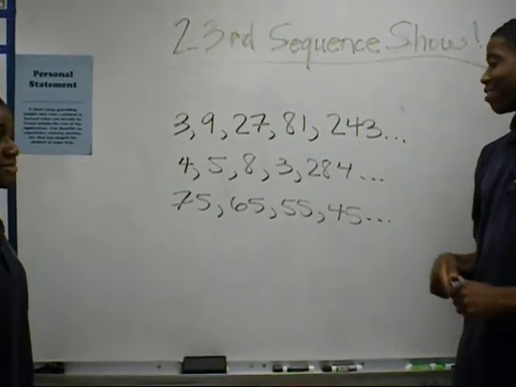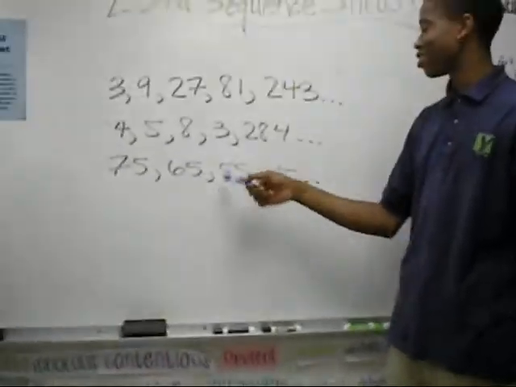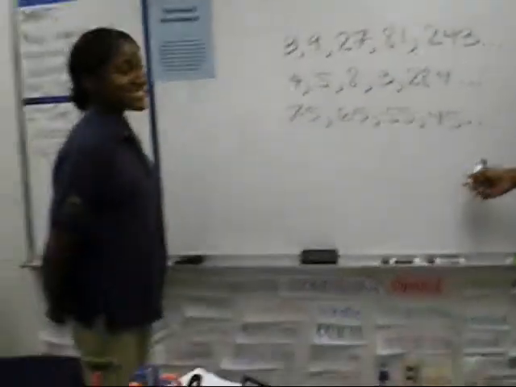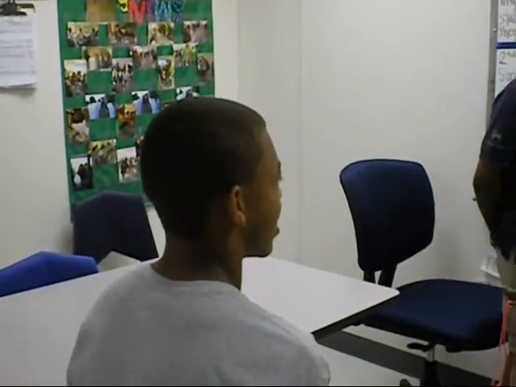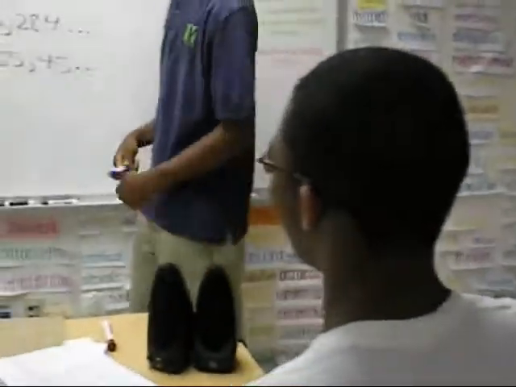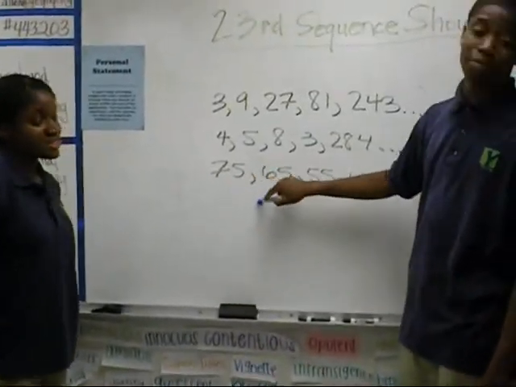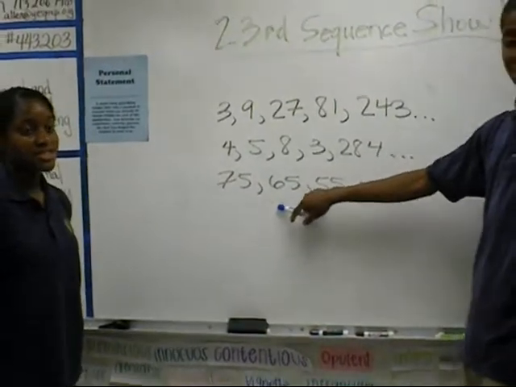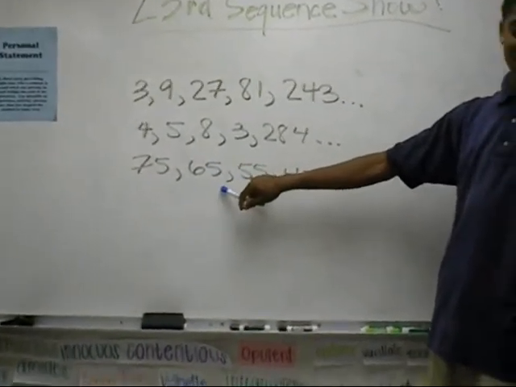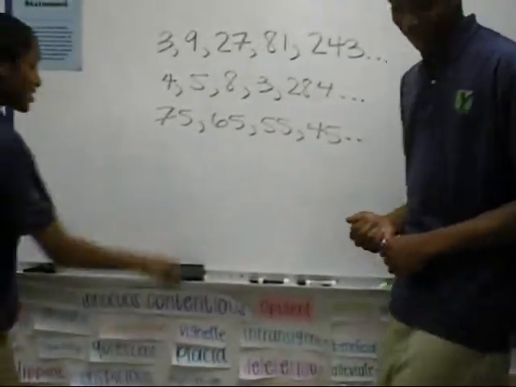Samuel and Irving, is this sequence geometric, arithmetic, or neither? The sequence is arithmetic, because to get to each term, you subtract how much, Samuel? You subtract 10. Yes. Good job.